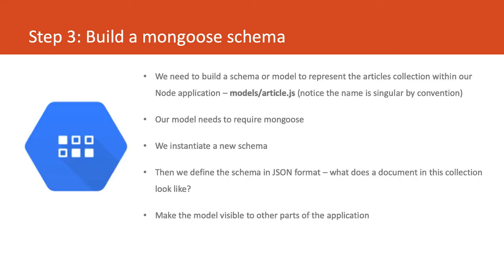So then comes building a mongoose schema, which is the shape of what our model looks like. So there's two different things. There's a model and there's a schema, and they are different. A model, you can think of it as, it gives us all the ability to insert, update, read, and delete in our database, but the schema is what the shape of it looks like.